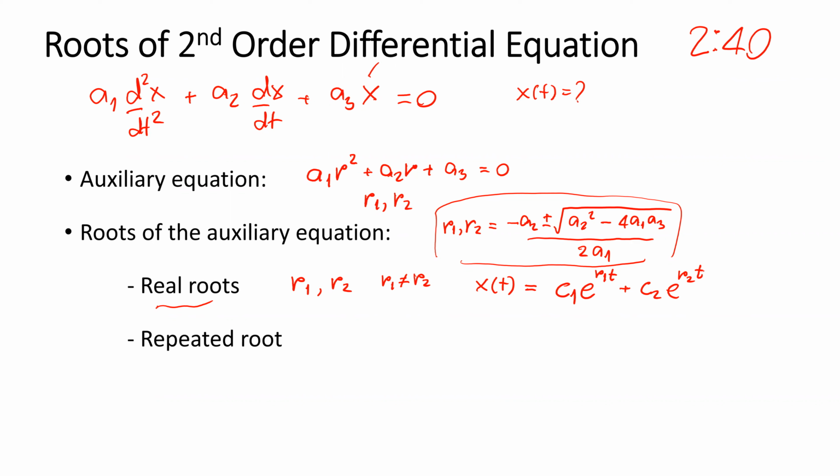The second possible case is r1 equal to r2. R1 is going to equal R2 when this becomes 0. If this becomes 0, R1 will equal R2.